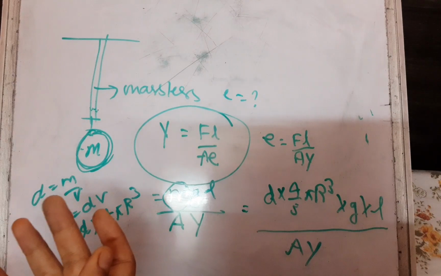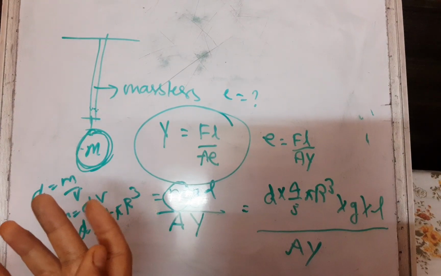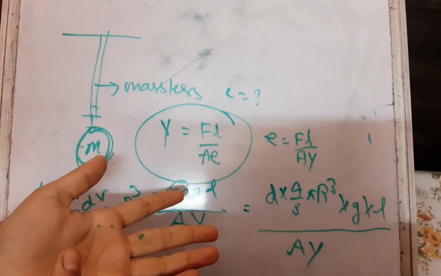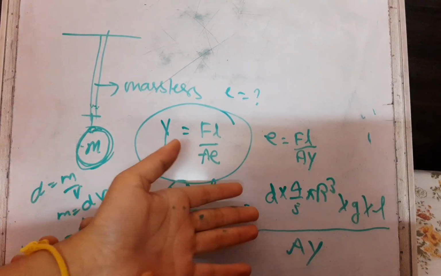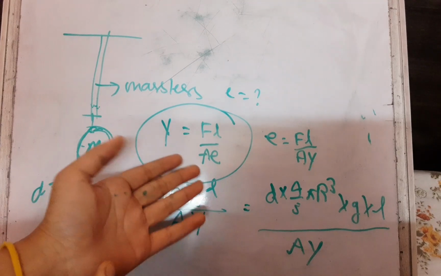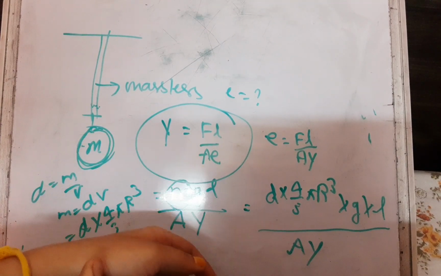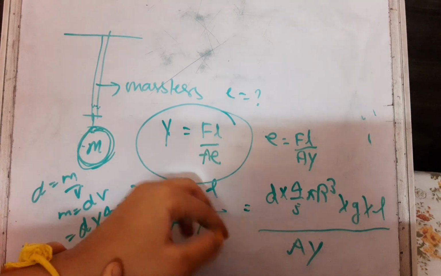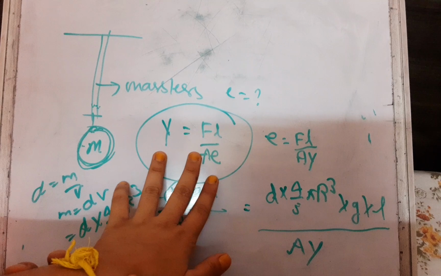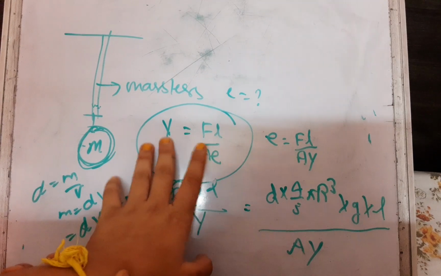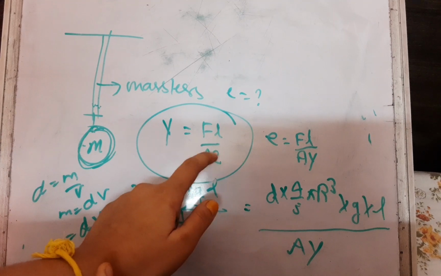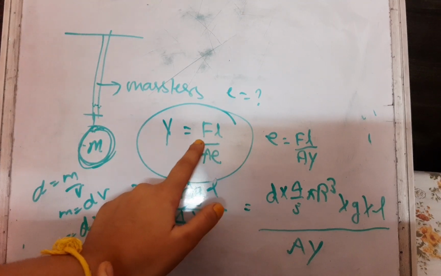And in some questions they will say the body is made up of the same material. Means what? The Young's modulus is the same. Two bodies are made up of the same material, means Young's modulus is the same. Density is the same. They will say the same force. Then two objects A and B were made up of the same material, means their Young's modulus is the same, and both were applied the same force and area the same.